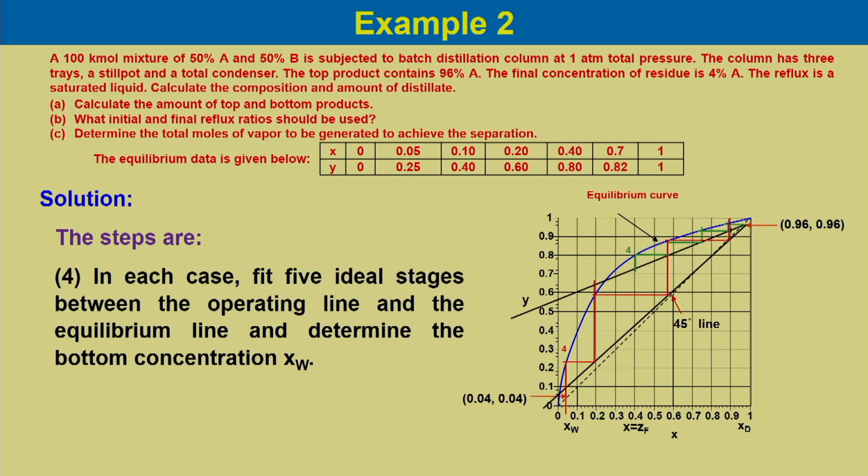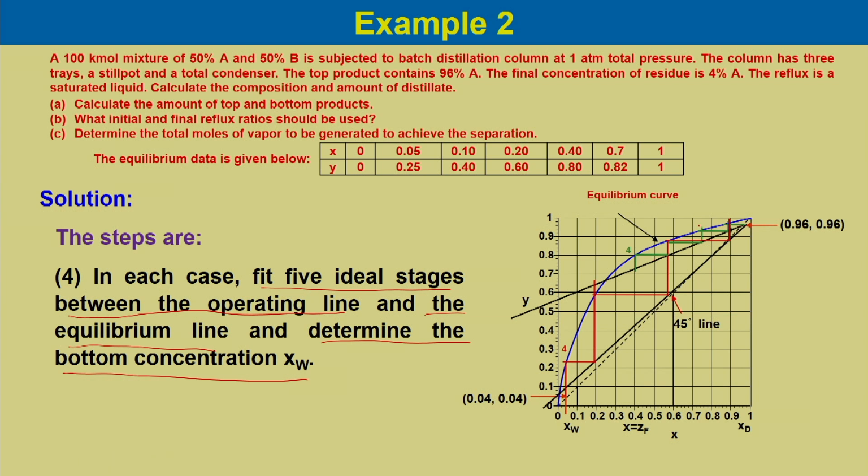In each case, fit 5 ideal stages between the operating line and the equilibrium line, and then determine the bottom concentration, that is xW. So, for each of the operating lines, starting from the xD point, go to the equilibrium line and come vertically to the operating line, and then equilibrium and vertical by staircase construction, as we did for the McCabe-Thiele method.